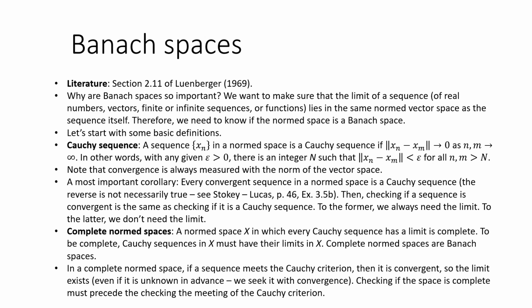And if the sequence is convergent, then its limit exists, even if we don't know it. Note that this limit is the point in the vector space we are looking for. So this is very useful.